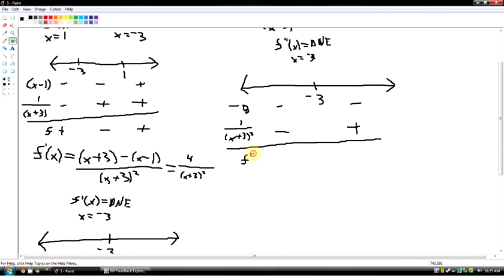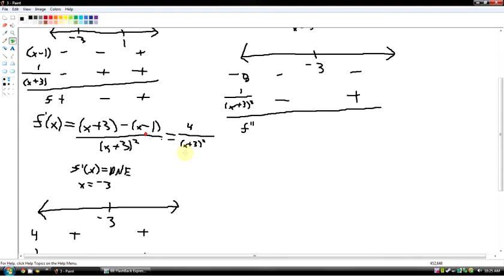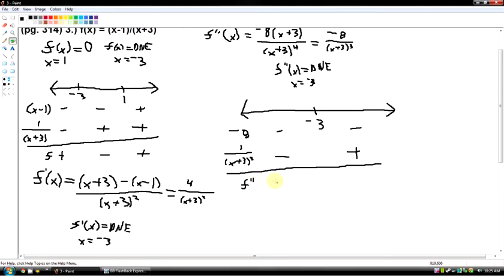We would see that our function is concave up before negative 3 and concave down after negative 3.